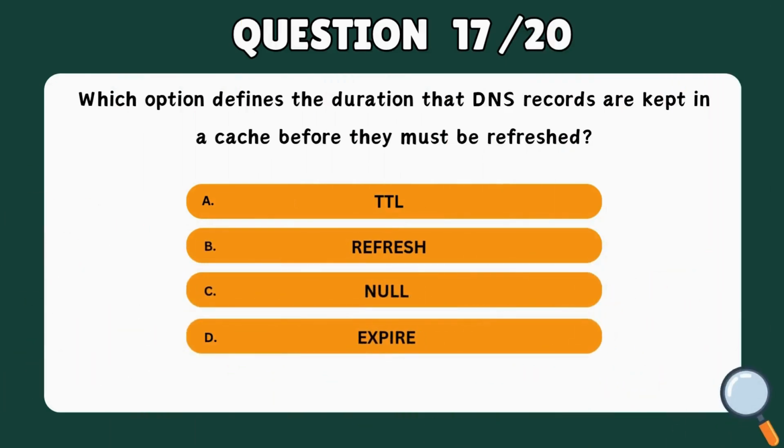Question 17. Which option defines the duration that DNS records are kept in a cache before they must be refreshed? A. TTL. B. Refresh. C. Null. D. Expire. Correct answer A. TTL.